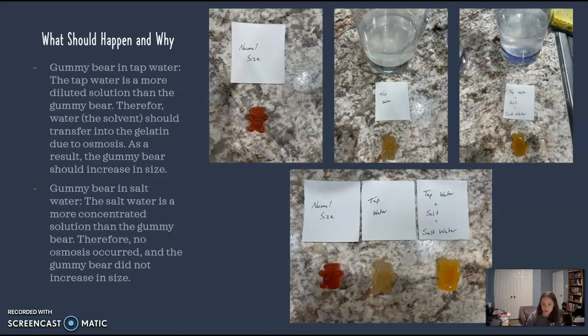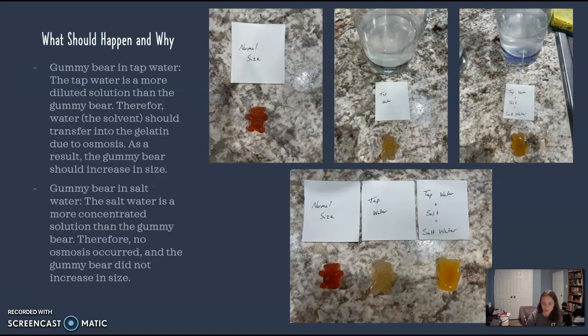When you drop a gummy bear into the salt water, the gummy bear is not going to increase in size due to the fact that the salt water is more concentrated than the gummy bear is. With that, the water molecules of the gummy bear, per osmosis, would move to the salt water.